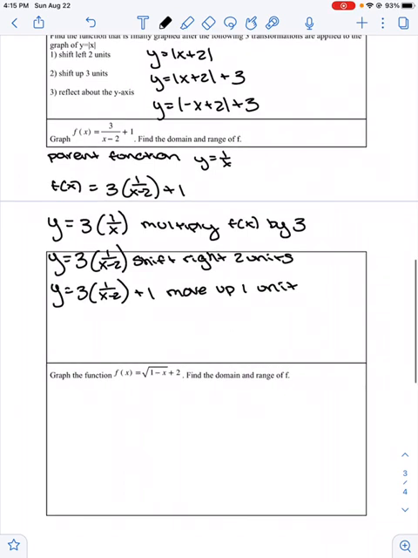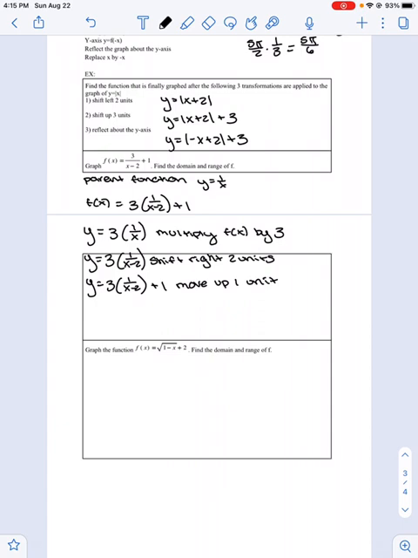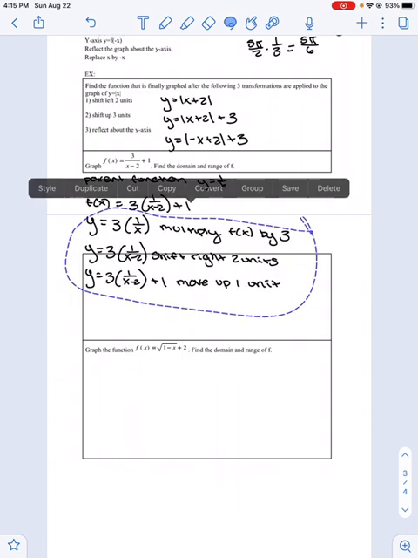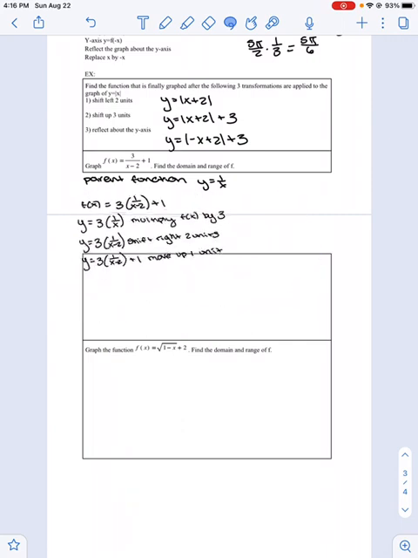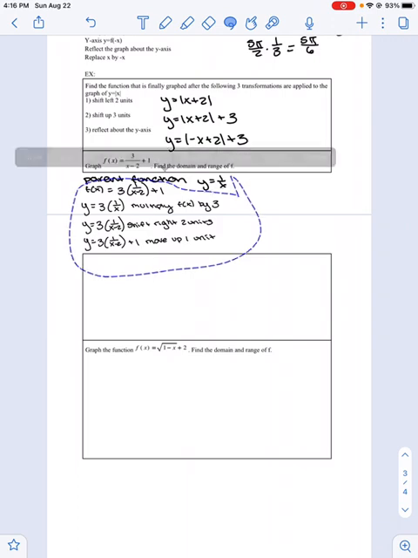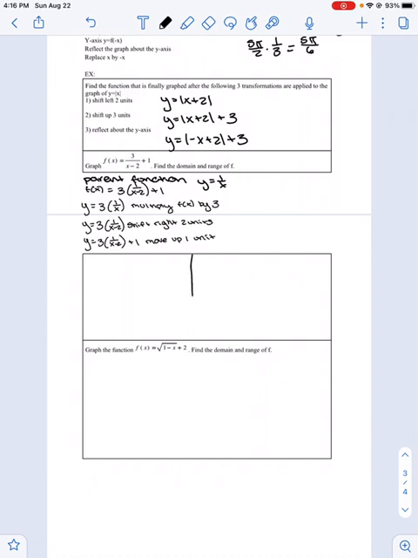Okay, so let's go ahead and graph it. I'm going to again start with our original function and then apply each transformation. So I'm going to make this smaller so it gives us more room for our graph. Draw our graph over here.